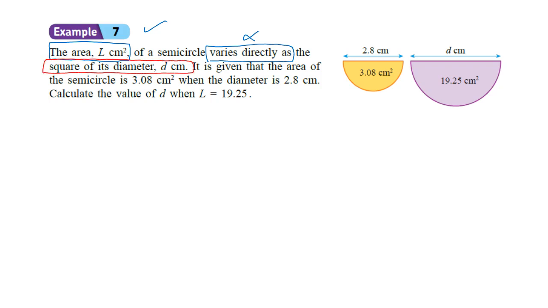So how do you write that? A varies directly as the square. This is very important, the square of its diameter. You cannot just write D, but this one, the square. So you have to write the square.